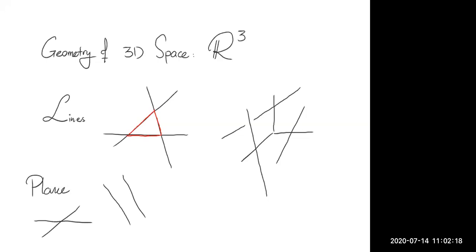In three-dimensional space, it's a little different. Two lines can be parallel. They can intersect. But there is also another situation. Can you see that?